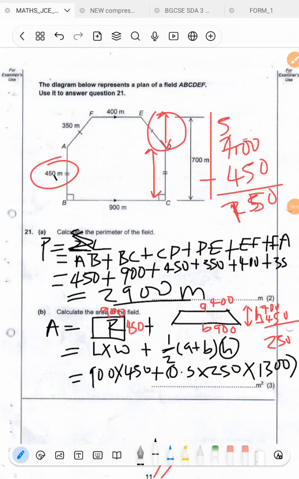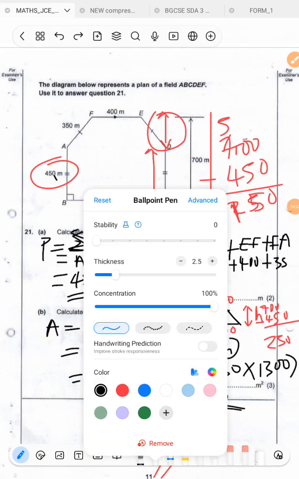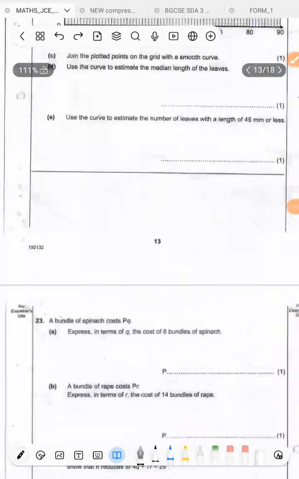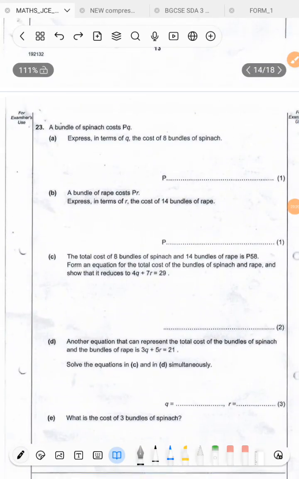So the answer is going to be a very large number, 567,500. So that's the answer there. Free marks. Okay, I believe that is not really the final answer.